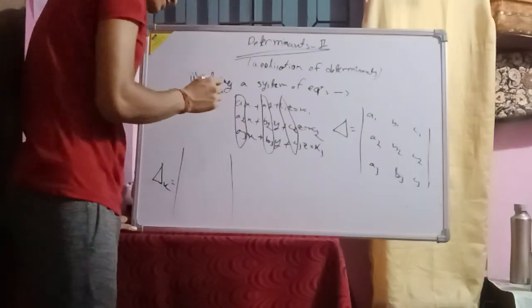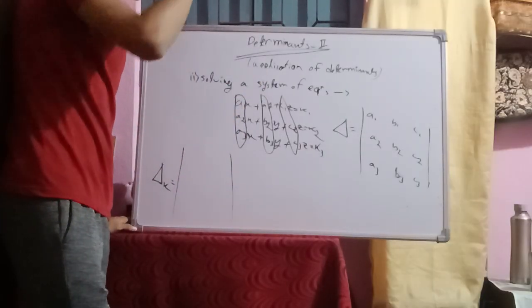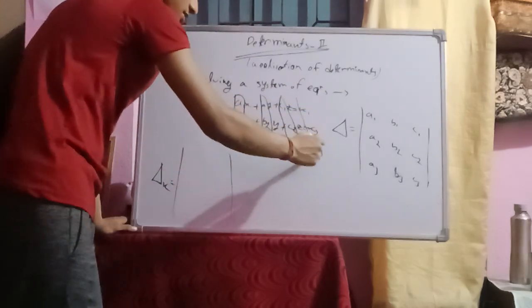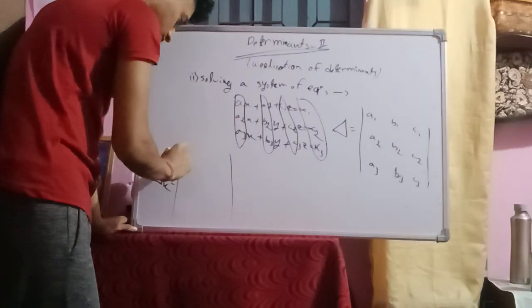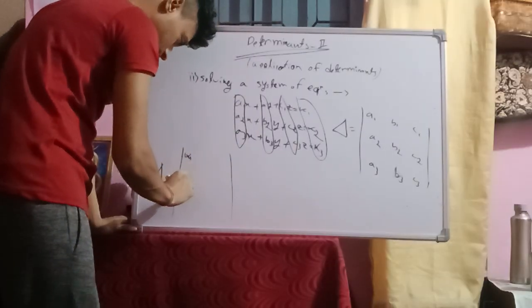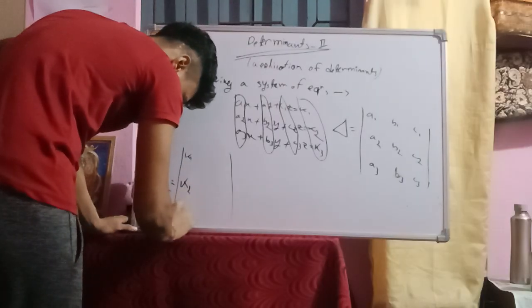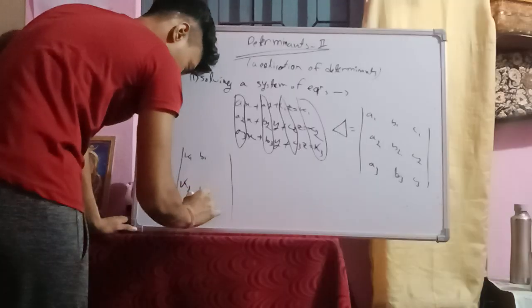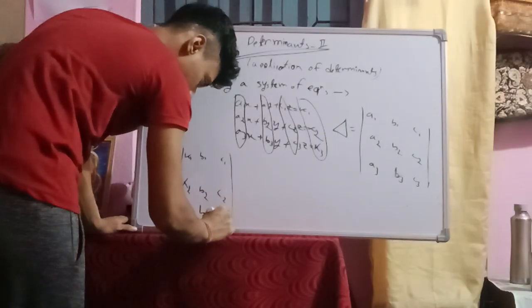The only difference is that instead of having the coefficients of x in the first column, we're going to have the values of these equations. So the first column would be k1, k2, k3, then b1, b2, b3, c1, c2, c3.